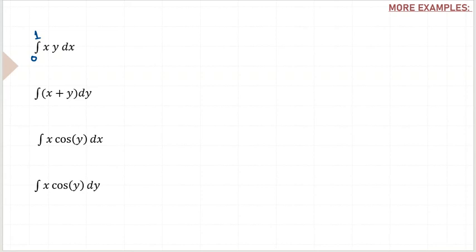So again, what you have to do? First do the practice: integrate with respect to which variable? X. Constant is y. Since it's multiply, it's one term. So you will be integrating only x. This gives you x power 2 over 2 times y.